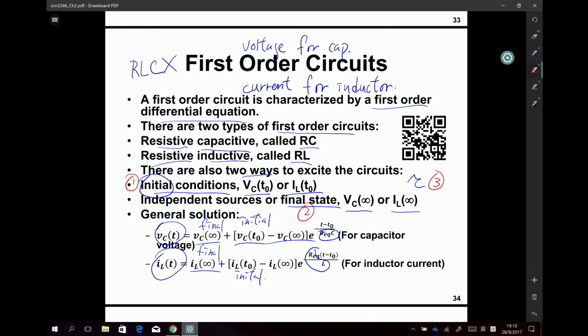Okay? And immediately you may ask me, will we need to memorize the two equations? Unfortunately, this time they are very important. So I suggest you memorize these two general solutions as far as you can.